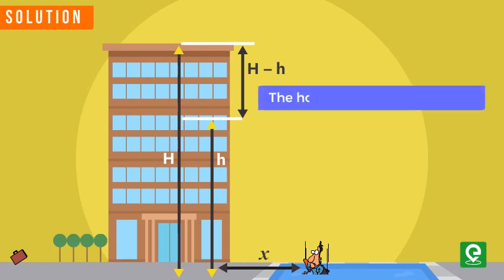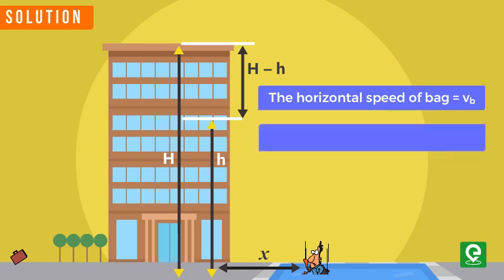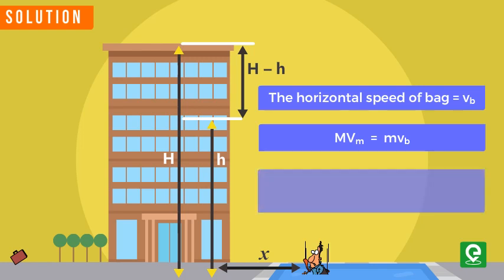If we assume that the horizontal speed of the bag is Vb, then the mass of man into velocity of man must be equal to mass of bag into velocity of bag. That is, capital M into Vm is equal to small m into Vb. This implies that velocity of bag Vb is equal to capital M into Vm divided by small m.